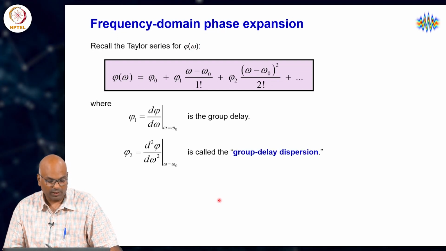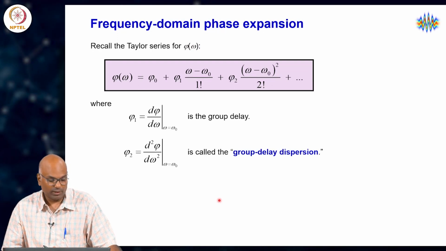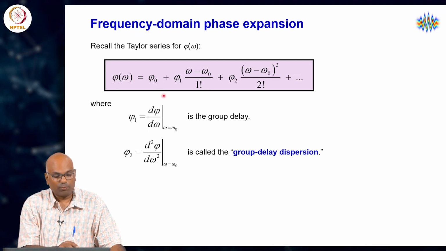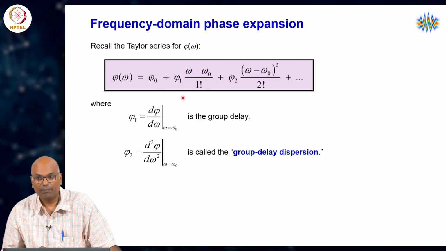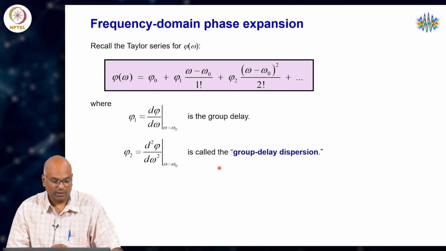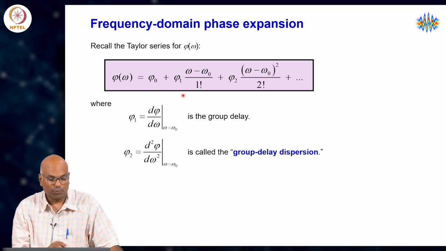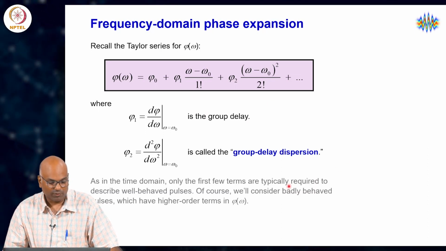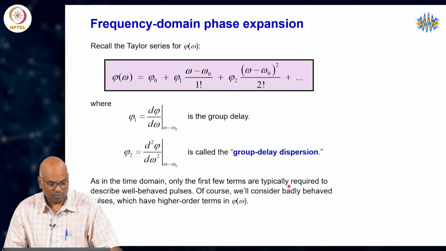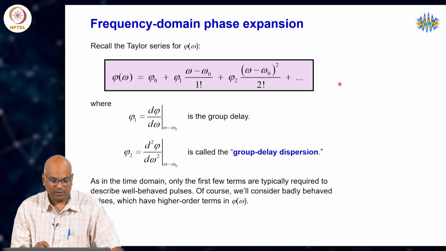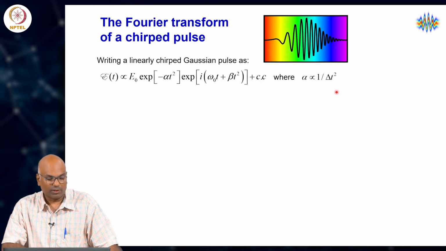Just a reminder that we are expanding the spectral phase function in terms of omega in a Taylor series, and we have concerned ourselves so far with group delay phi 1 and group delay dispersion phi 2. For so called well behaved pulses, we would only need leading order terms in the Taylor series.